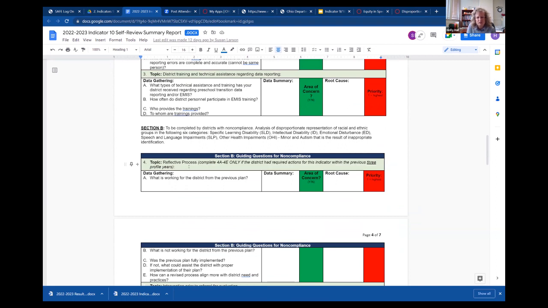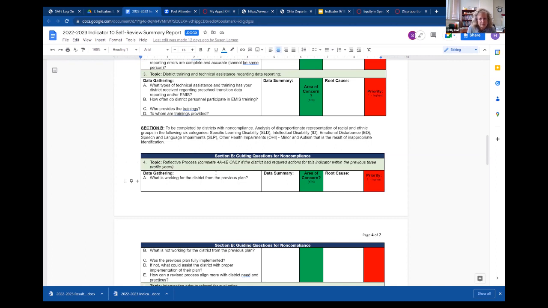These would be for districts who have had required actions around this indicator for the previous 3 profile years. And if you have more than one finding in a particular disability category, you will have to do individual self-review summary reports and improvement plans for those.